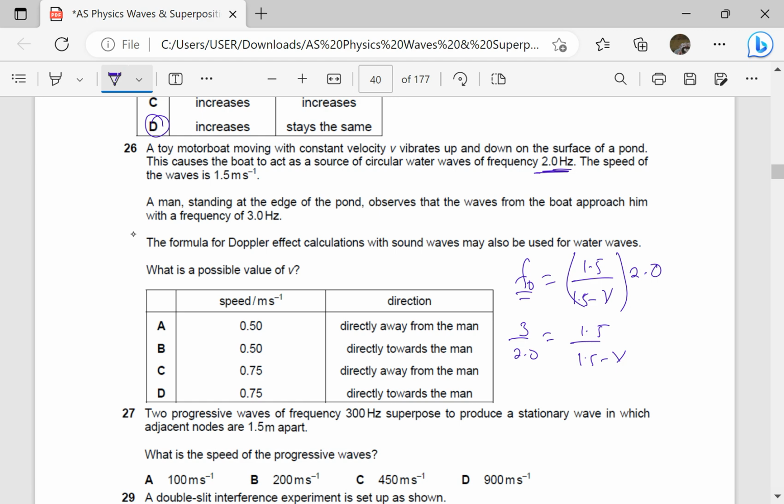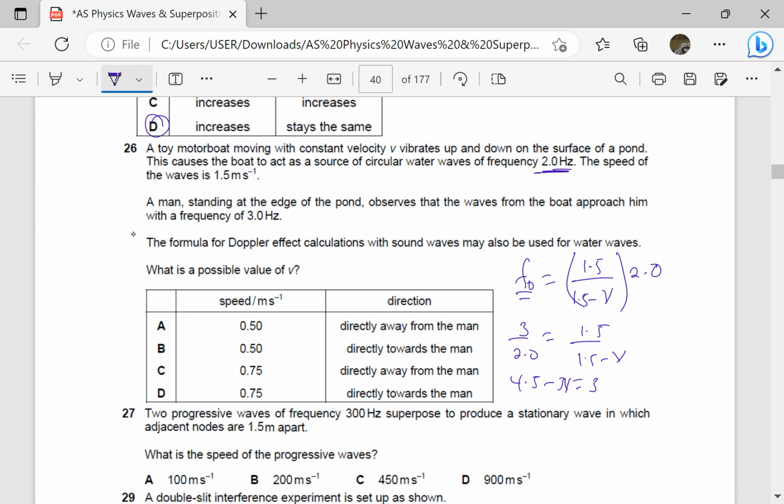So I'm just solving this. 3 times 1.5 is 4.5. 4.5 minus 3V is equal to 3.